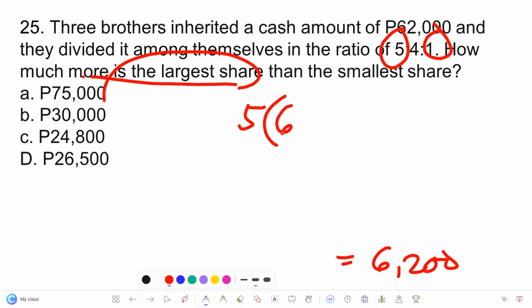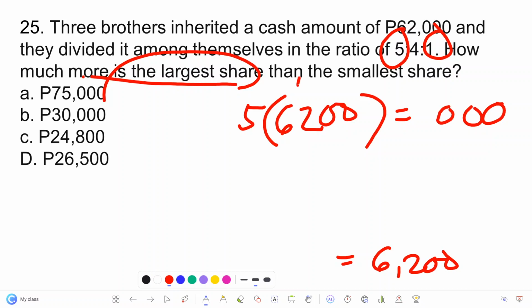So let's go. Ang x ay 6,200, at ang 5x is 5 times 6,200. So this will be equal to 31,000. Okay?